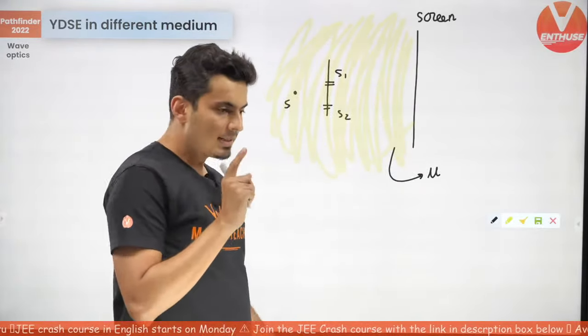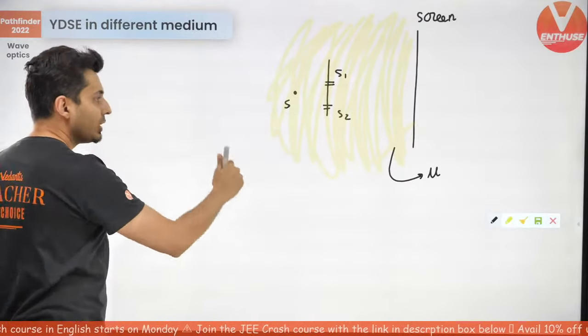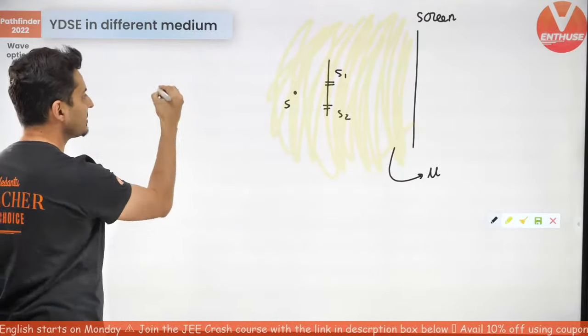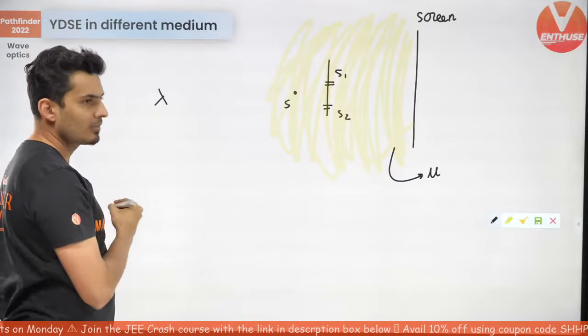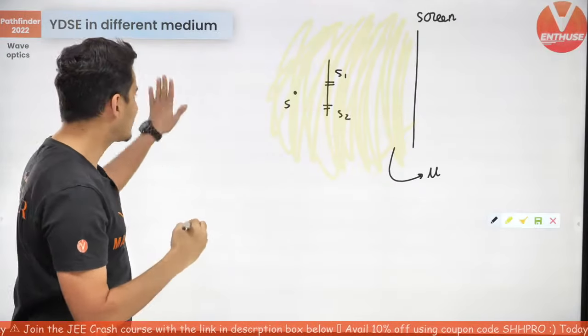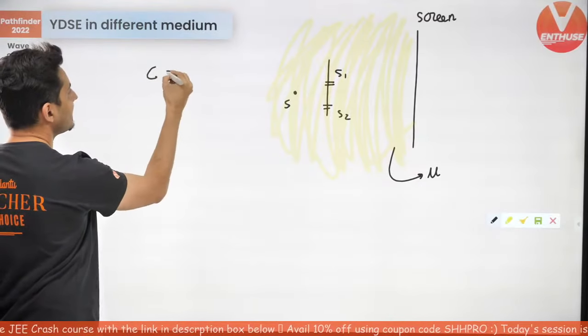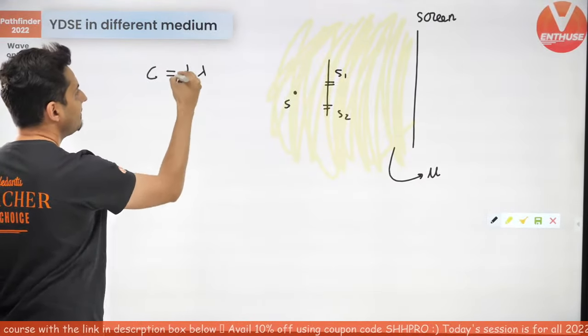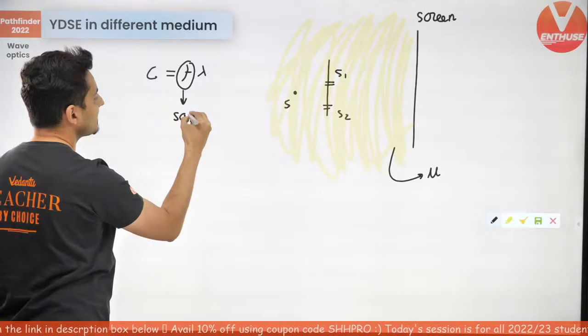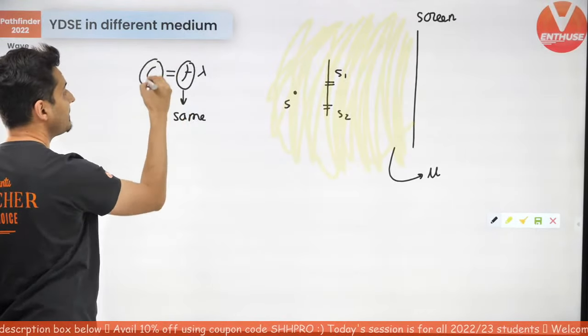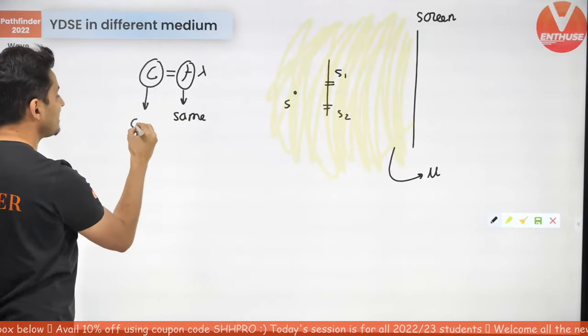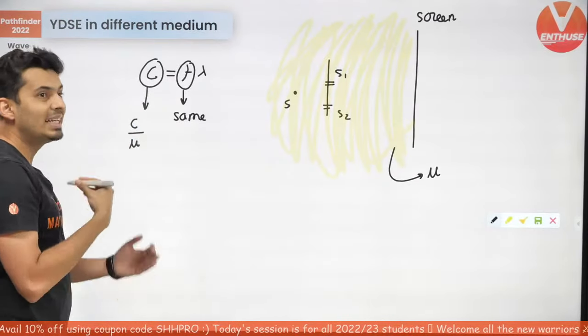Okay, so here is the thing. If you change the medium, the first thing that's going to change is the wavelength. Because that's what happens when you change the medium. The speed of light will change, and c is f times lambda. Frequency is going to be the same, but the speed of light will now become c by mu. It will decrease.